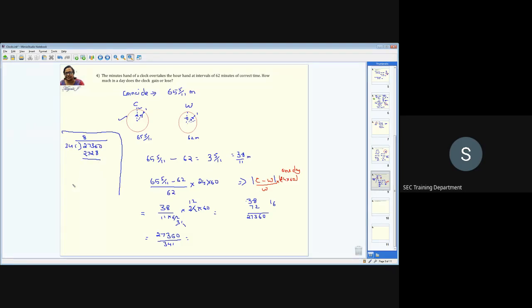Clear? I have approximated like this: if you consider this 4-digit number very close to 2700 if I approximate it, and if I approximate this to 300, so 300 into 8 is 2400, which is closer. Sometimes if it crosses, then you may have to come down to another one.